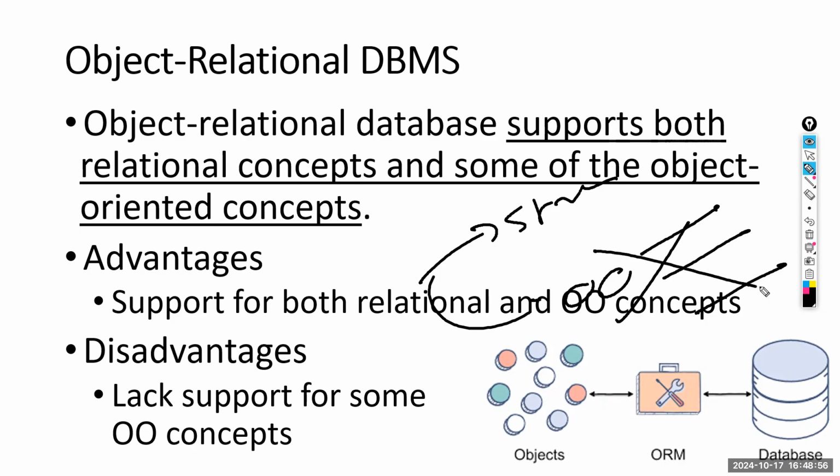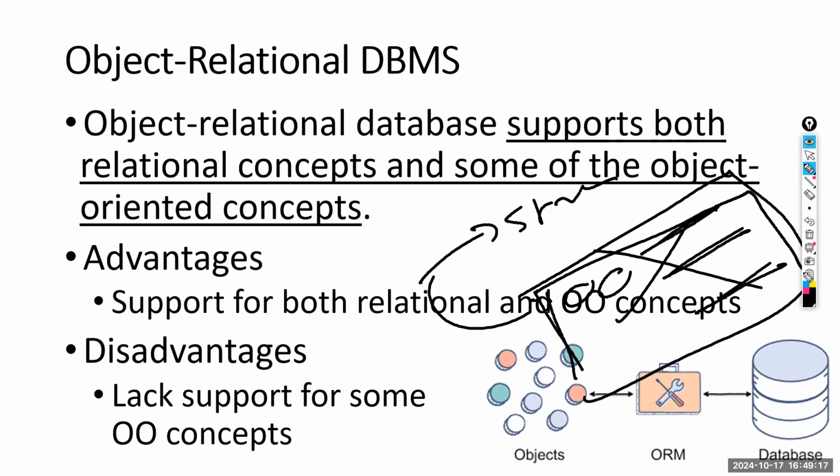We did not discuss this, but remember, there's another approach called object-oriented software development. When we go for object-oriented software development, we use object-oriented concepts like class, object, inheritance, polymorphism, encapsulation. That's supported by programming languages like C++, Java, Python.